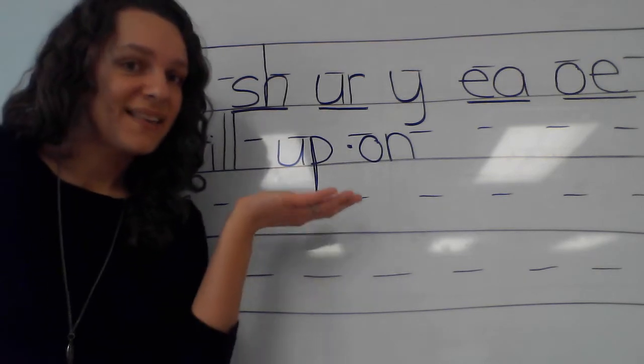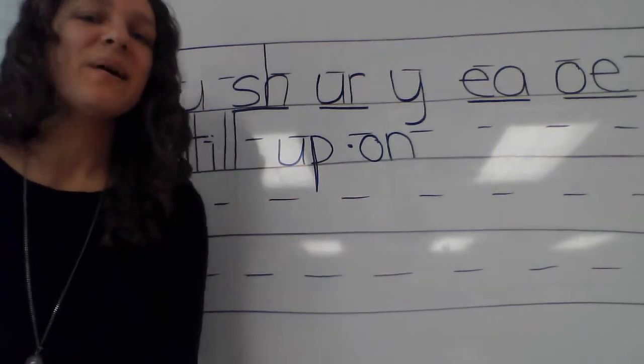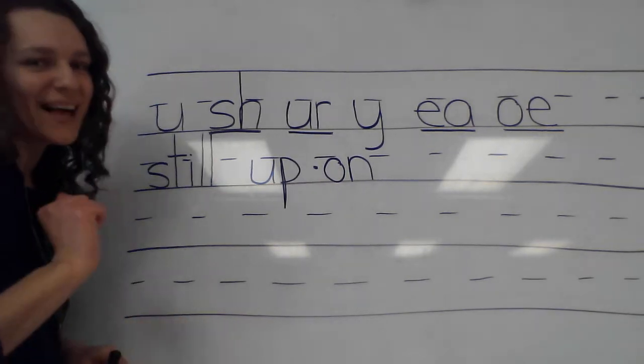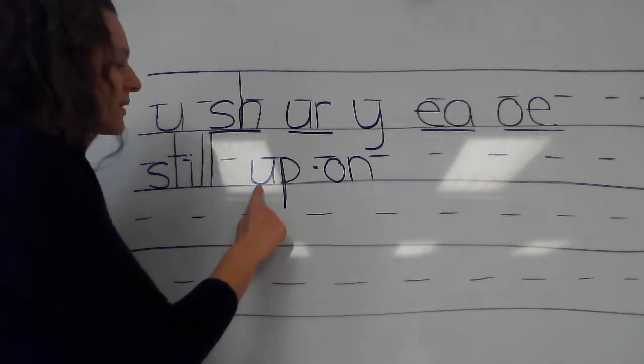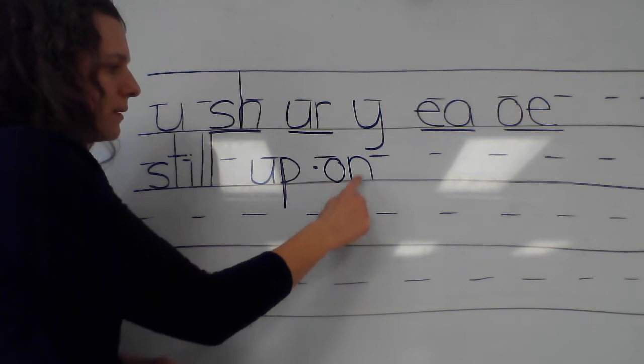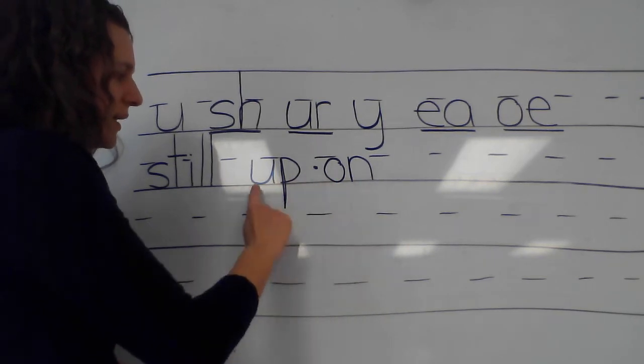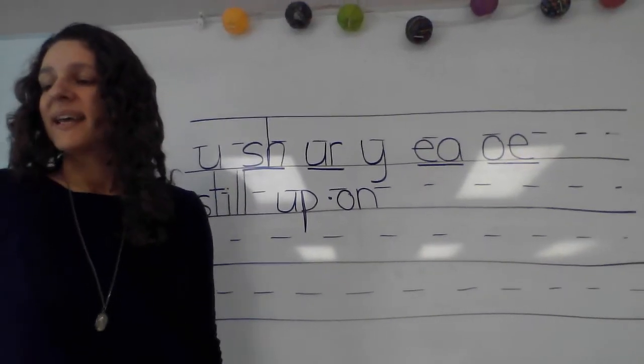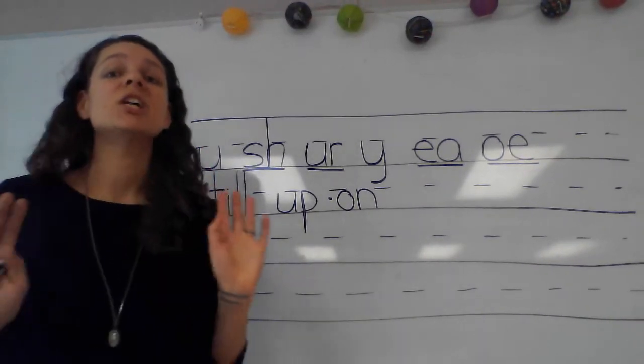Do we need to mark anything, class? Nope. We kind of knew that when we said they were both closed syllables. All right, so let's just read our word. Good, upon. Up-on.